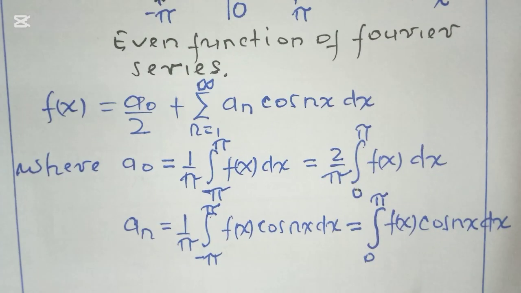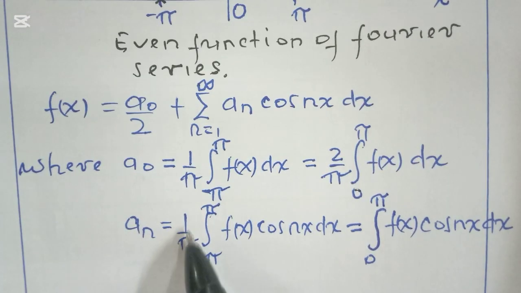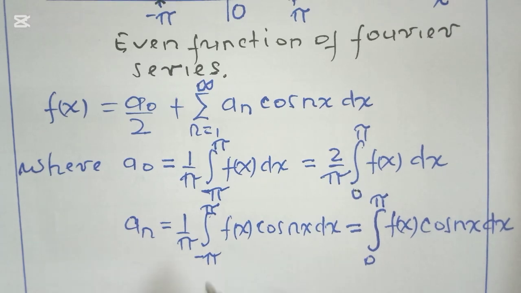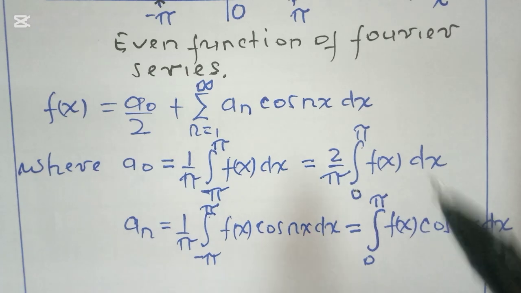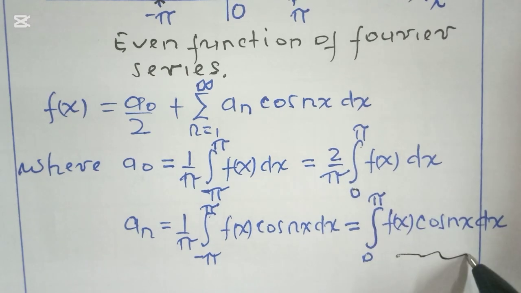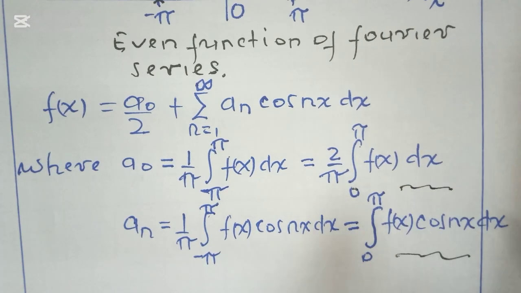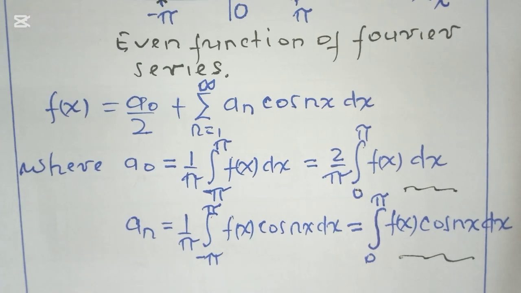And for an, you have this 1 over pi and the integral of that from negative pi to pi, of which we prefer to use this one also. So we use these two equations, guys, so that we don't have to repeat ourselves.